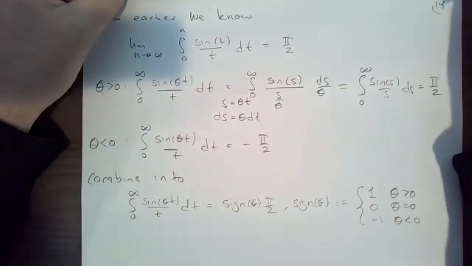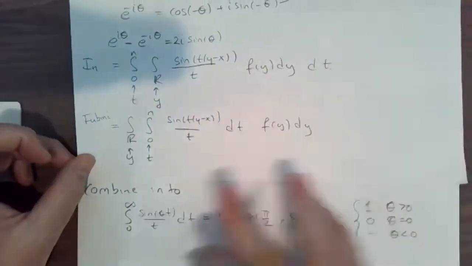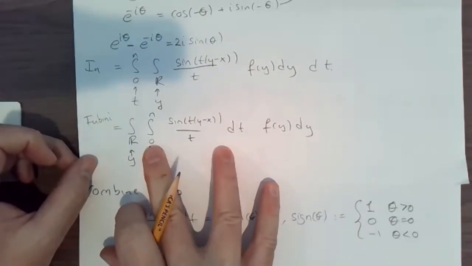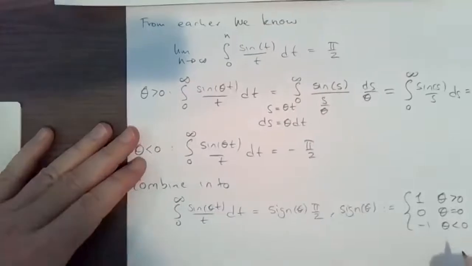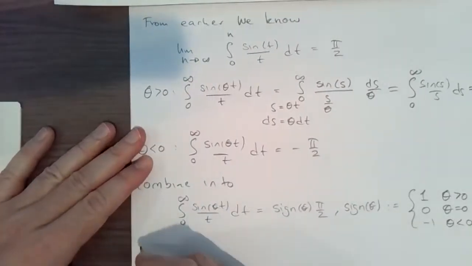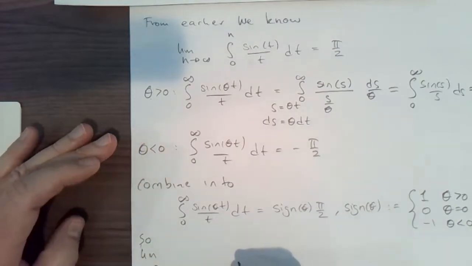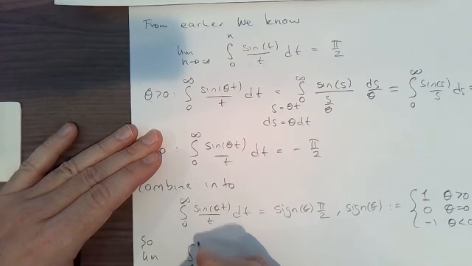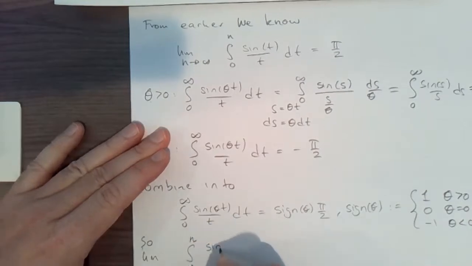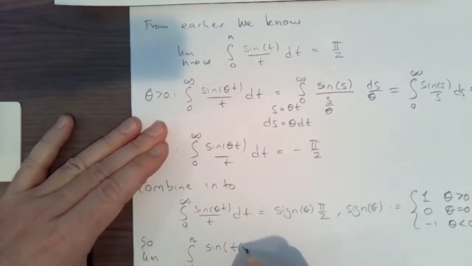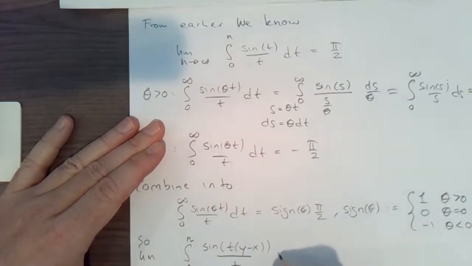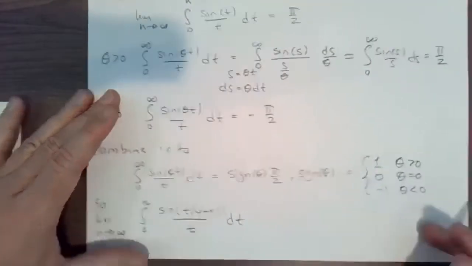Okay, so now if we go back here, if I work on my inner integral and I pass n to infinity, this will allow us to say that if I look at the limit as n goes to infinity of that integral from 0 to n of sine t(y minus x) divided by t dt, what would that become?